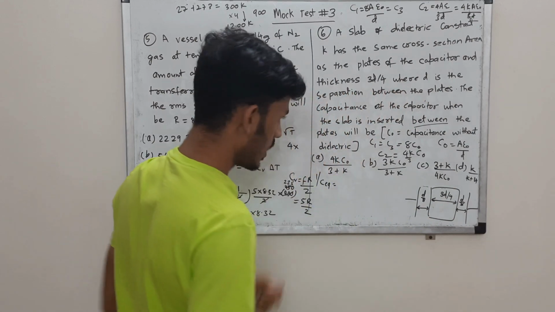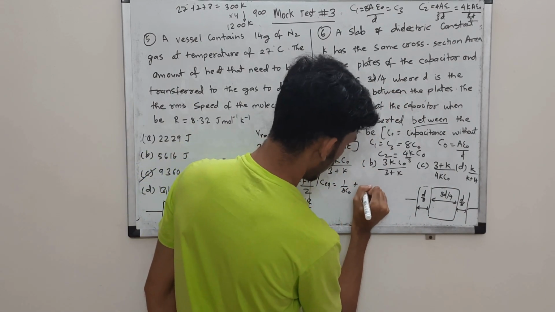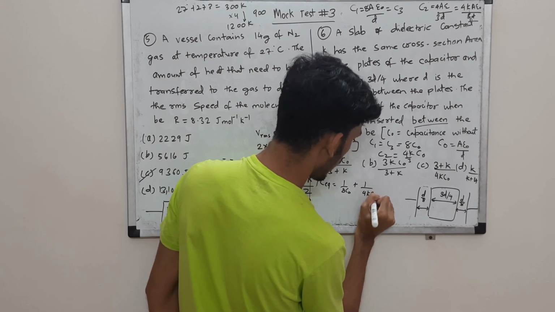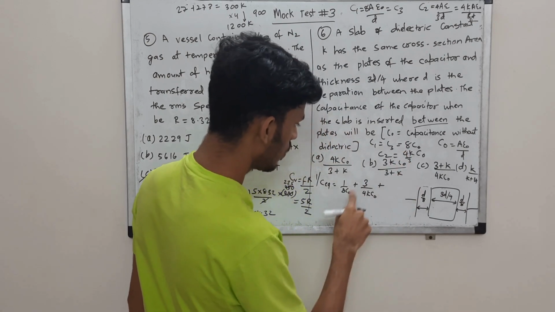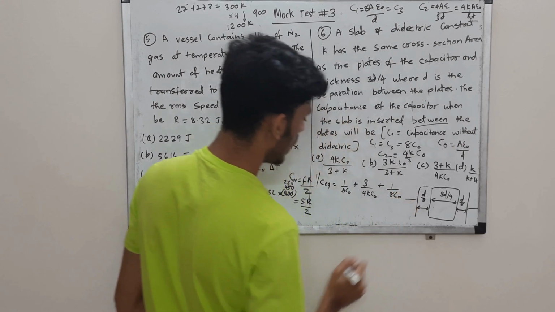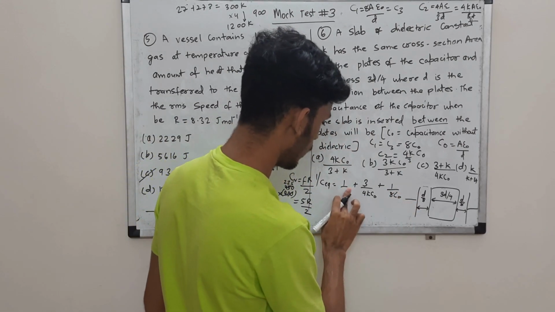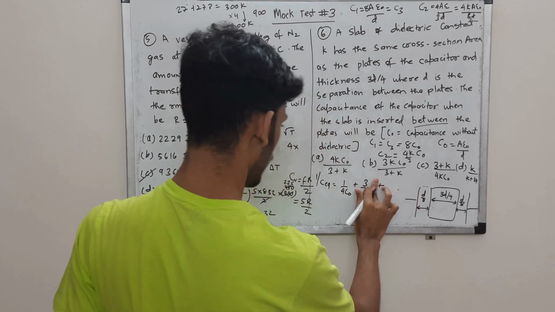Now let's solve this. We have C1 as 1 upon 8 C naught. Again we have C2 as 4K C naught, with 3 in the numerator. These are reciprocals, which is why it's in the denominator, 1 by 8 C naught. So 1 by 8 plus 1 by 8 will become 1 by 4. That's why I was saying you can treat it this way also.